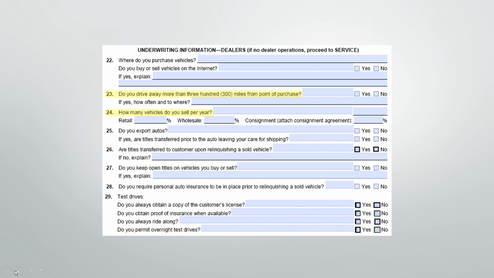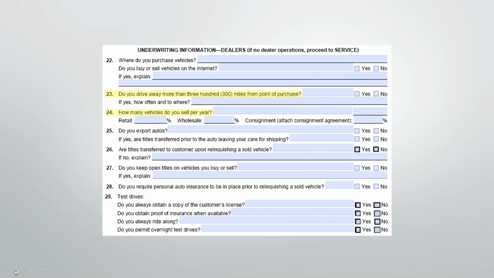Yeah, and it's not only that, it's also which carrier can I go to. That's going to help me pinpoint where I can quote the risk. So the drive away miles, again, going back to the dealership, they're going to an auction that could be more than 300 miles away.